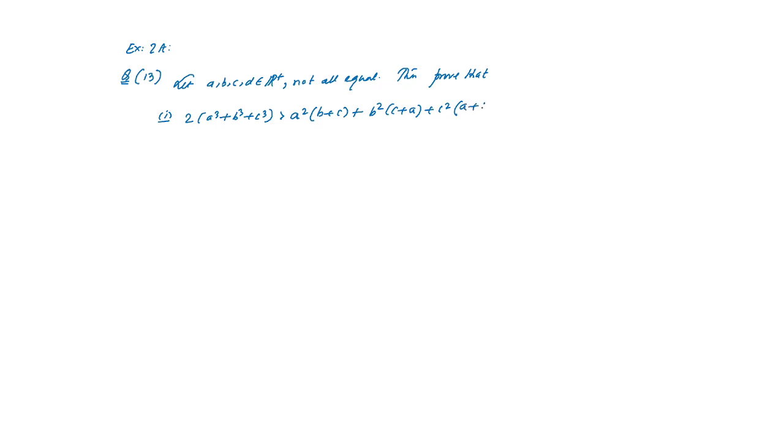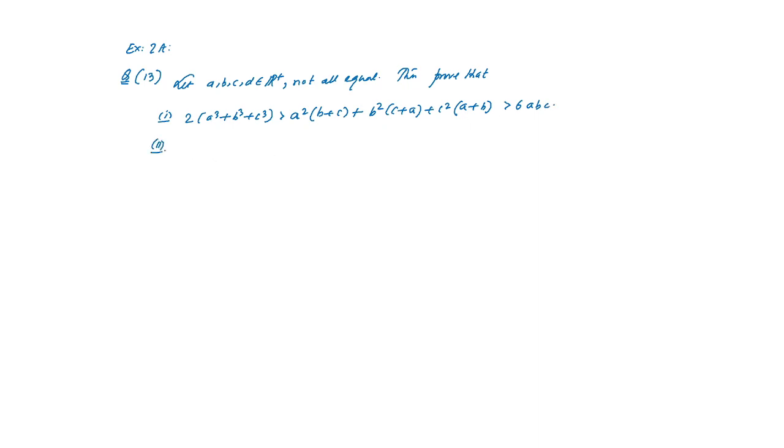Let a, b, c, d all be positive real numbers, such that not all are equal, then prove that 1) 2 into a cube plus b cube plus c cube is greater than a square into b plus c plus b square into c plus a plus c square into a plus b. This is also greater than 6abc.